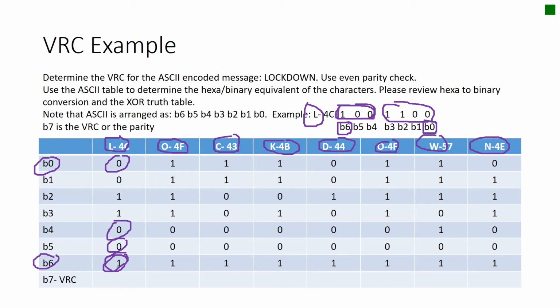And then 1100, B3 is 1, B2 is 1, B1 is 0, B0 is 0. It's basically the same ASCII code but is written in a different format. Okay? ASCII code is written in this manner, but on our solution table, the ASCII code is written in this manner.